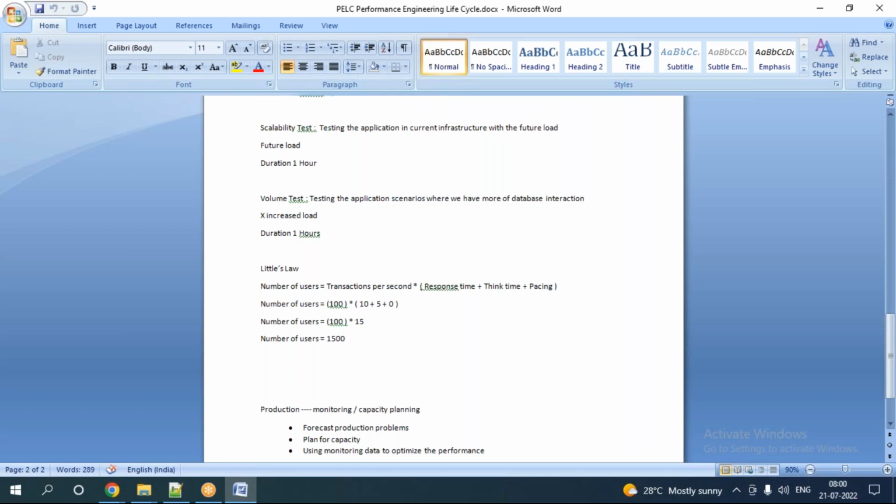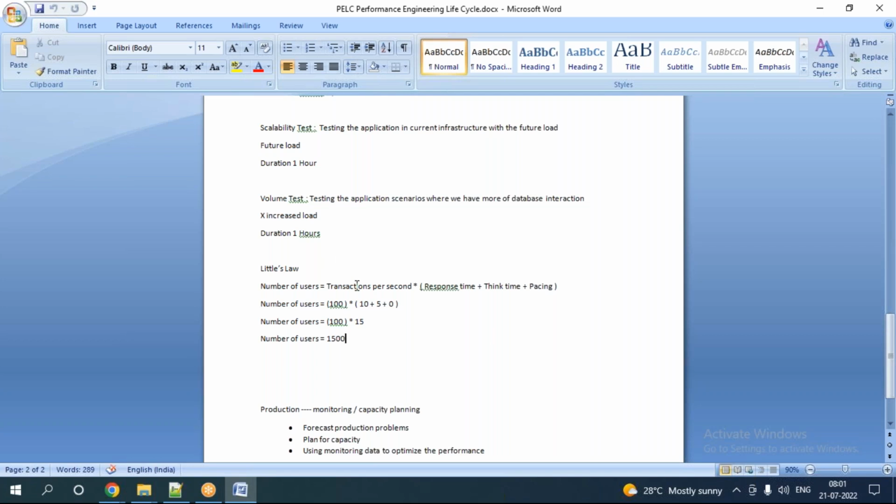Two attributes are very important for us: concurrent users and throughput. Most of the time either the customer will give you concurrent users and you will find the throughput, or they will give you throughput and you will find concurrent users using this formula.